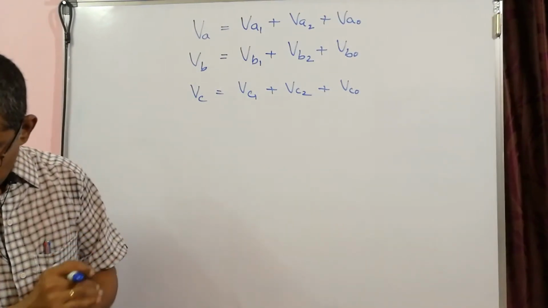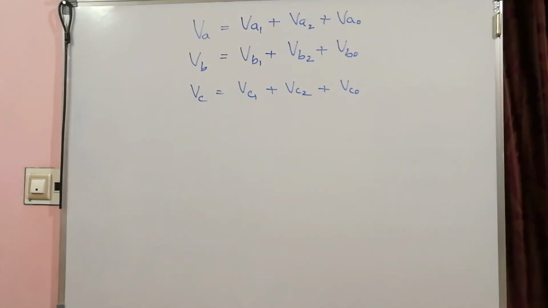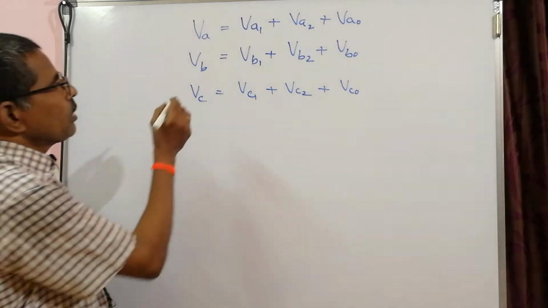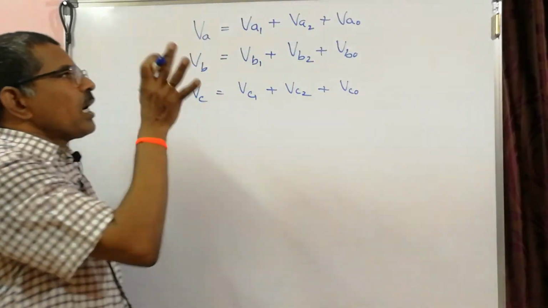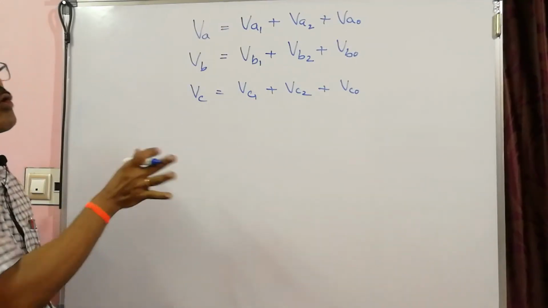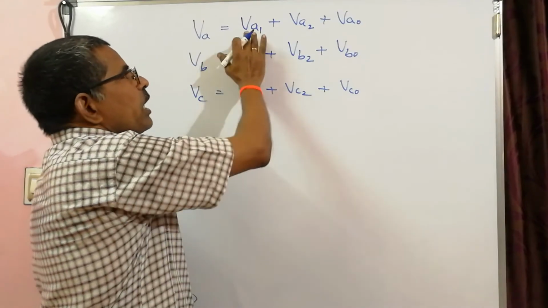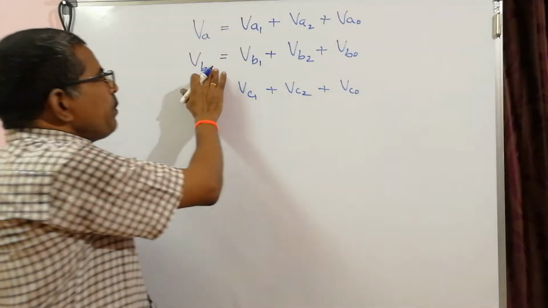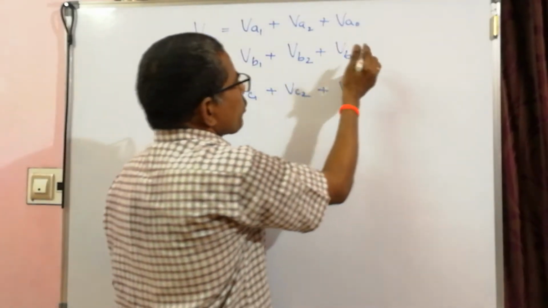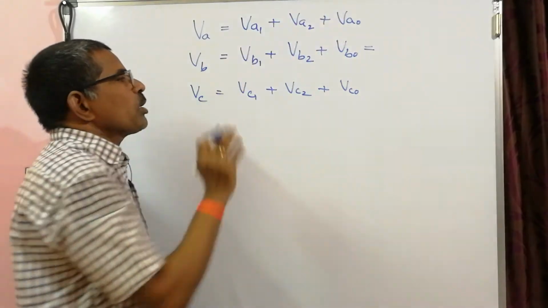Okay. So, we can start writing that suppose VA1, VA2, VA0 we take as the first set of known quantities. I would like to represent the remaining all in terms of VA1, VA2, VA0. So, VB, which is VB1 plus VB2 plus VB0, I can write this in terms of VA1, VA2, VA0.